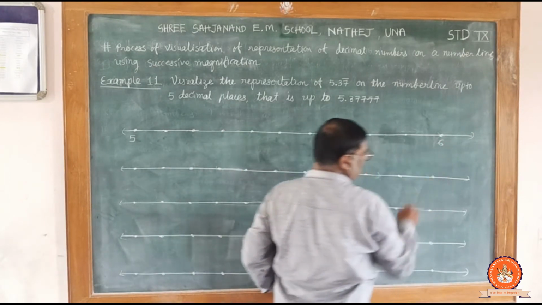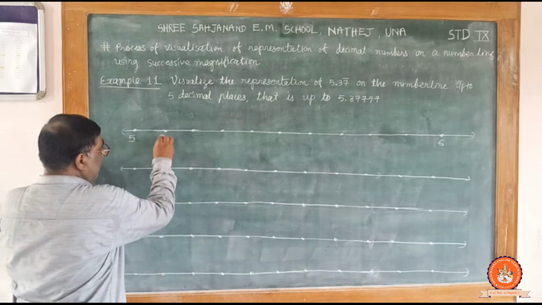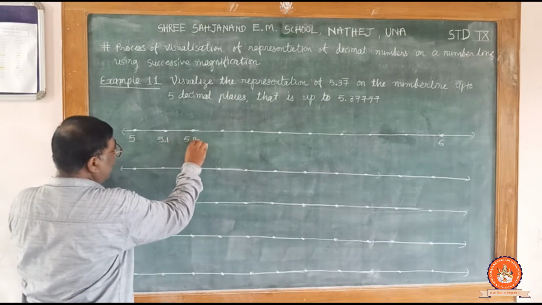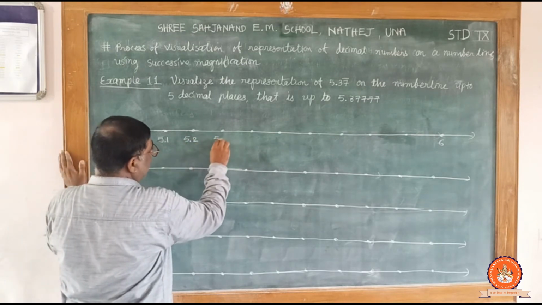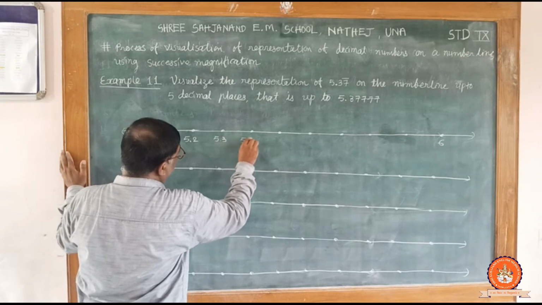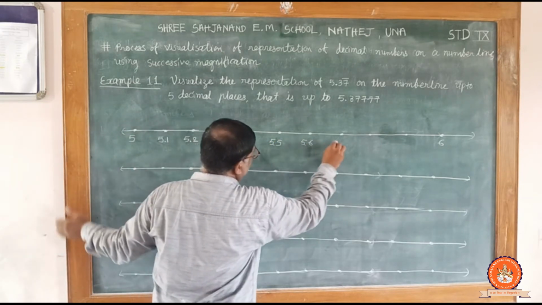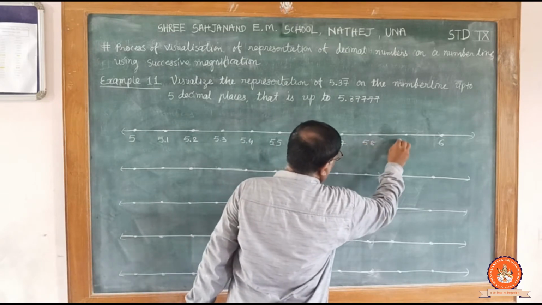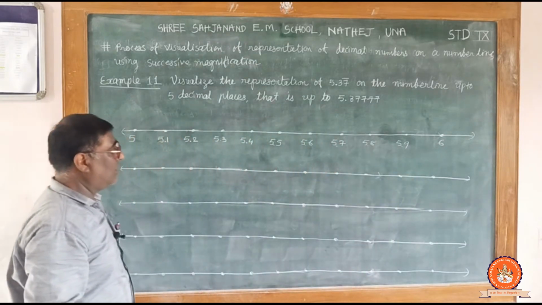And 6 here. Okay, now this point will represent 5.1, 5.2. Label the points 5.1, 5.2, 5.3, 5.4, 5.5, 5.6, 5.7, 5.8, 5.9, and this will be 6.